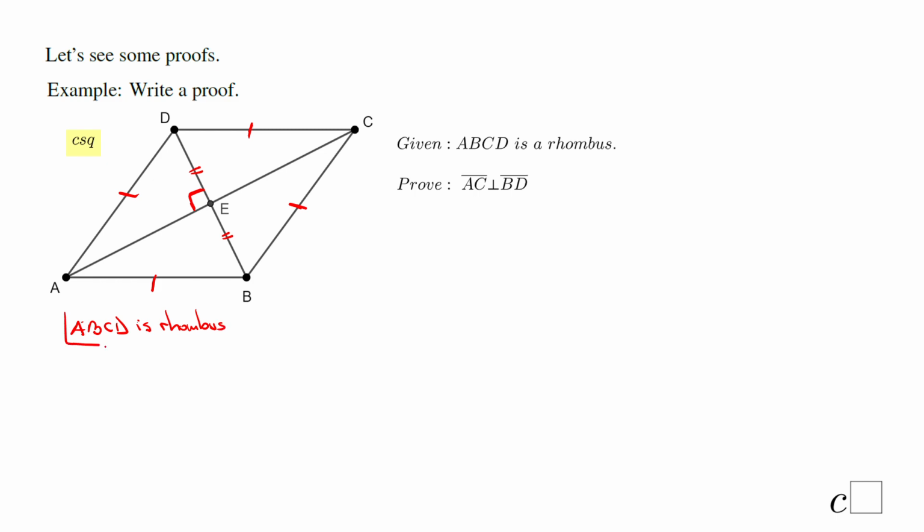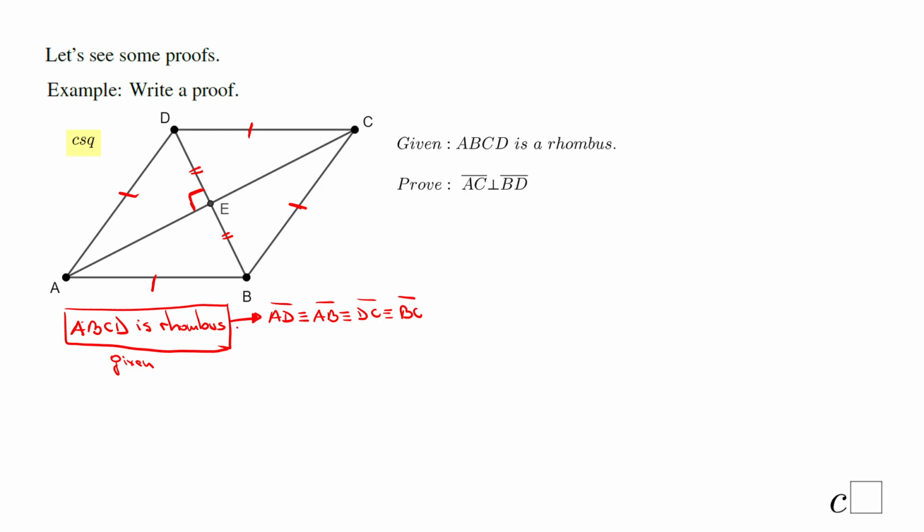Okay, I'm going to do a flowchart, and this is given. From this statement, what can we say? We can say a couple of things. First of all, we can say all the sides are congruent. AD congruent to AB. We're going to use that. Also, congruent to DC, congruent to BC.